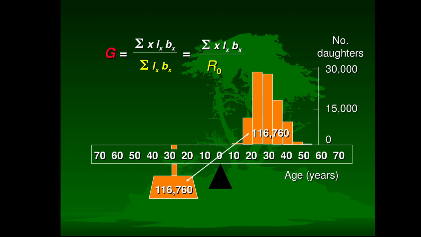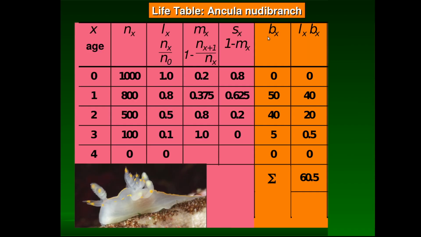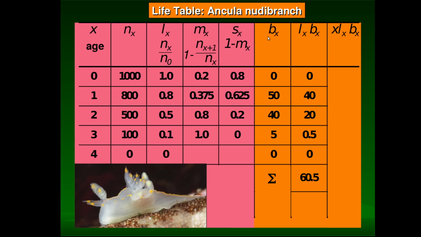So to calculate the mean generation time, we just need another column for the table, a column for this big product here. So let's add it, and we multiply all these things together.